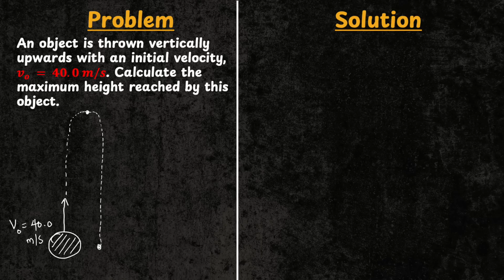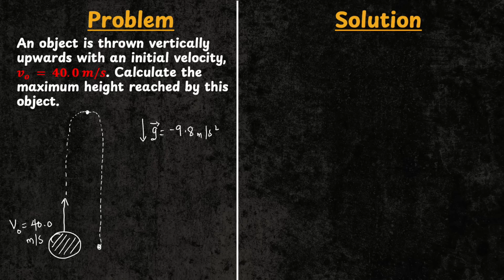So the physics is such that gravitational acceleration is always acting downwards. So g, which is a constant of minus 9.8 meters per second squared. This gravitational acceleration is a vector which is opposite to the velocity vector pointing upward.